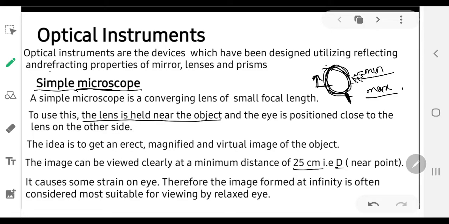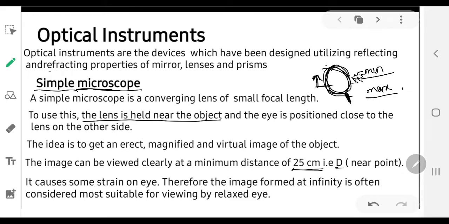It means if you hold an object or an image, whatever it is, less than 25 centimeters from the eye, the eye cannot see it clearly. A blurred image is formed on the retina. So whatever the eye wants to see should be at a distance of at least 25 centimeters.